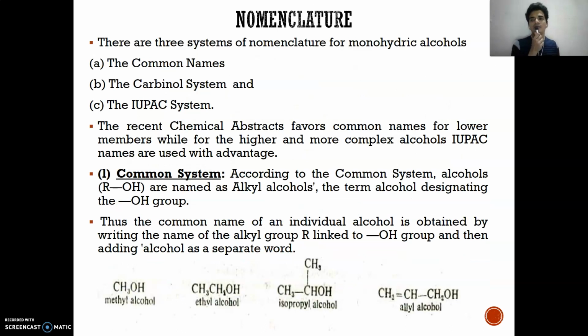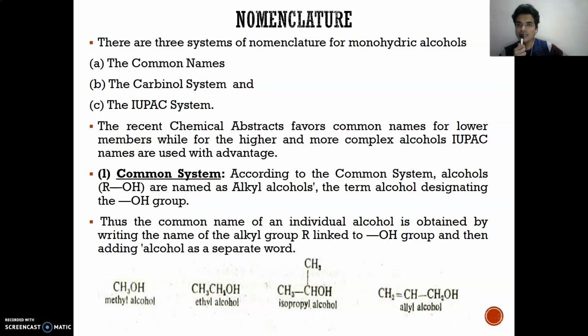Then nomenclature. We will move toward the nomenclature part. There are three systems of nomenclature for monohydric alcohols: the common name system, the carbinol system and the IUPAC system. Chemical Abstracts favors the common name for the lower members, while for higher or more complex alcohols IUPAC names are used with proper advantage.